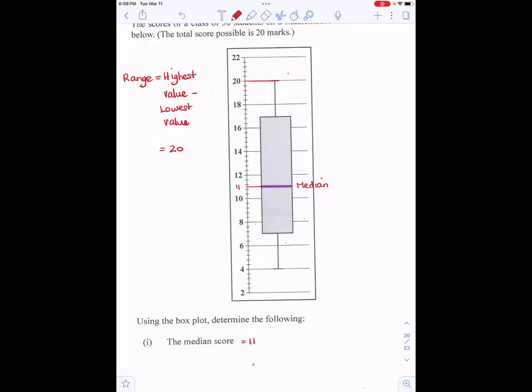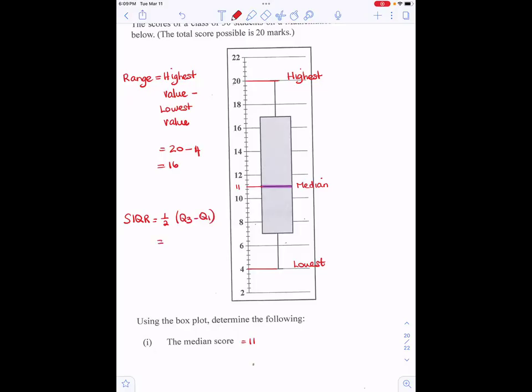And this is the lowest. So it's 20 minus 4, which is 16. So we have the highest, we have the median, and we have the lowest. Now we are going to find the semi-interquartile range, which is a half of the upper quartile minus the lower quartile.